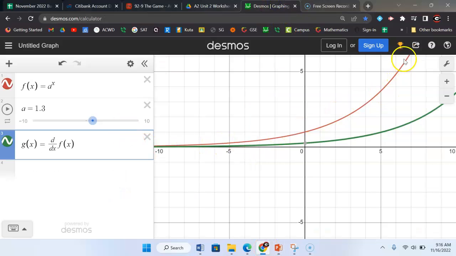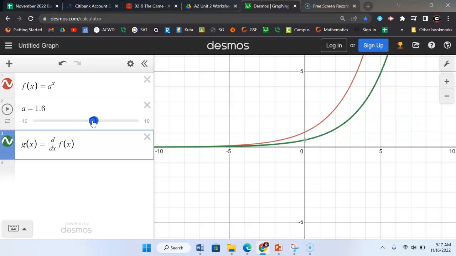So what we have here is, again, Desmos. This is the graph of an exponential, and this green graph represents something called the derivative. Again, that's a calculus concept, but basically the derivative tells you the rate of change for the red. But I have a slider over here, and this is the base of the exponential. So watch what happens when I get closer to that 2.718 number.